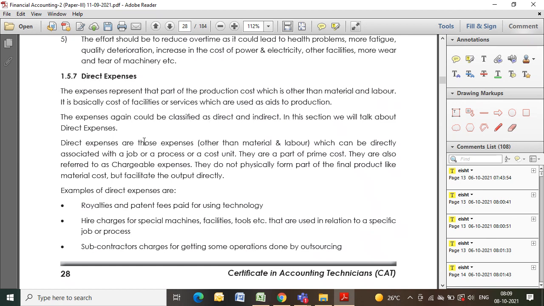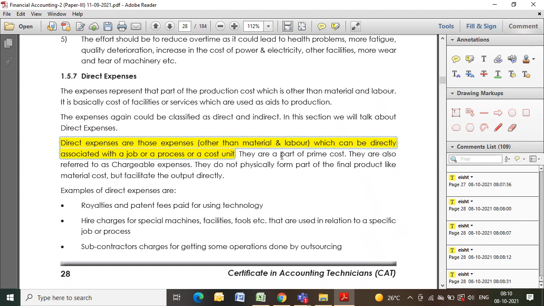Anything which is directly attributable to the job or a process or a cost unit is direct, and they are also a part of prime cost. Somebody who is doing costing is also required to know more on that. What is prime cost? What is non-prime cost? Prime cost is basically your direct cost.